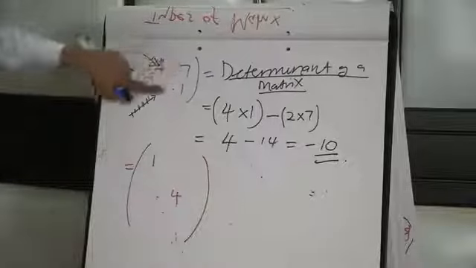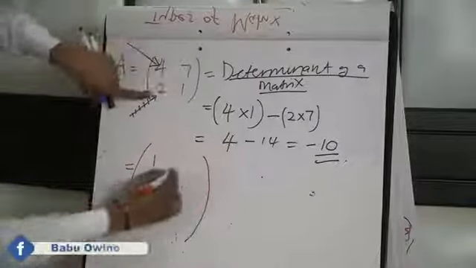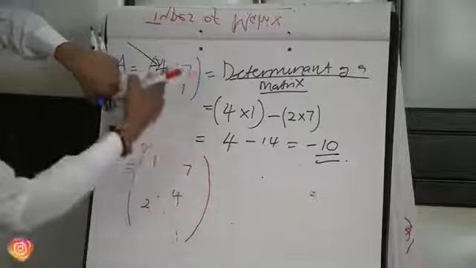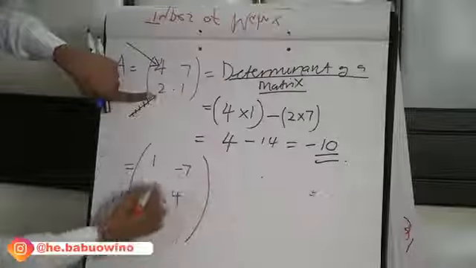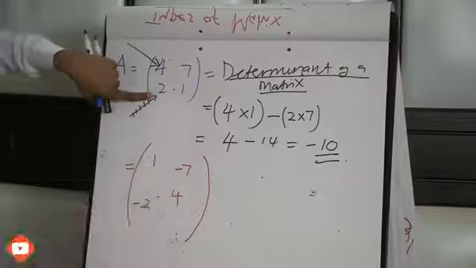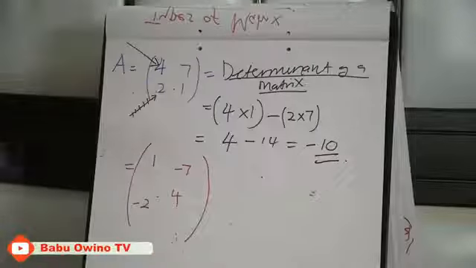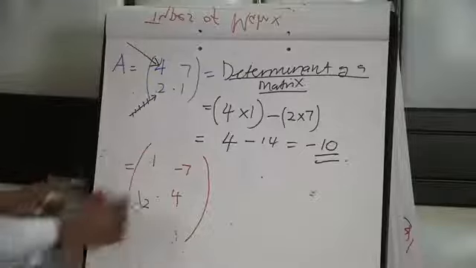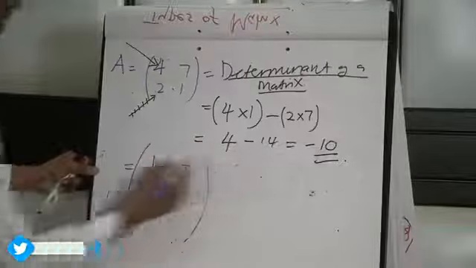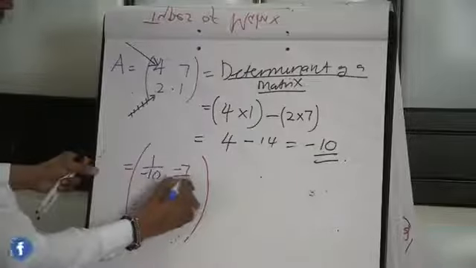Then whatever is on the other diagonal, you maintain them, but you change the sign. If it is 7, it is positive 7, therefore you change the sign to become negative 7. This other one also becomes negative 2. Then whatever you get, you divide by the determinant, which is minus 10.